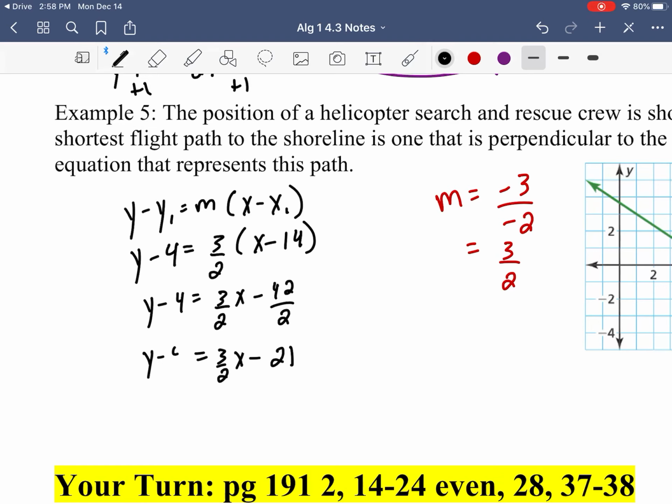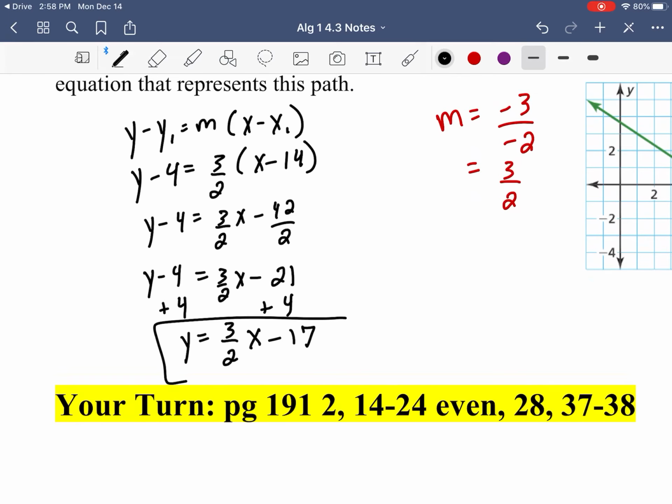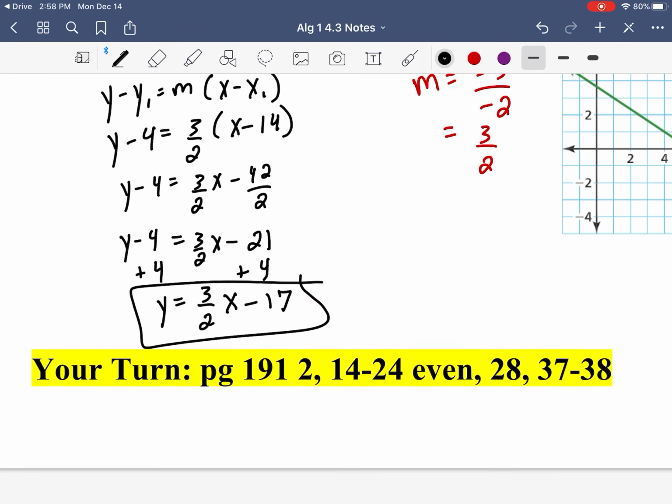Equals y minus 4. Add the 4 to both sides. Negative 21, add 4, 17. Okay, so there's the equation of my flight path.